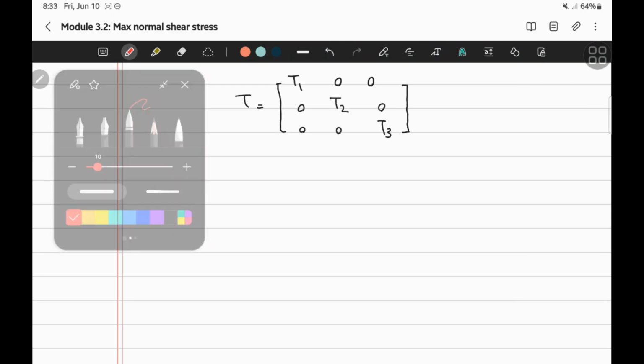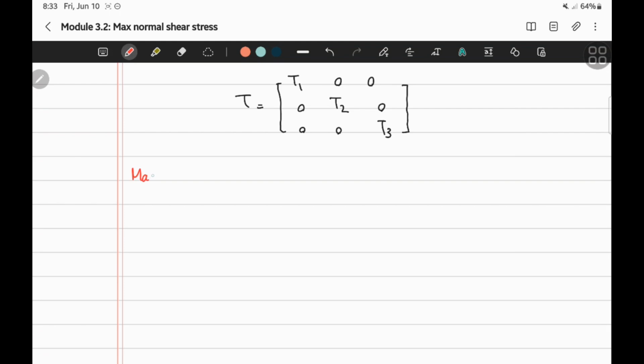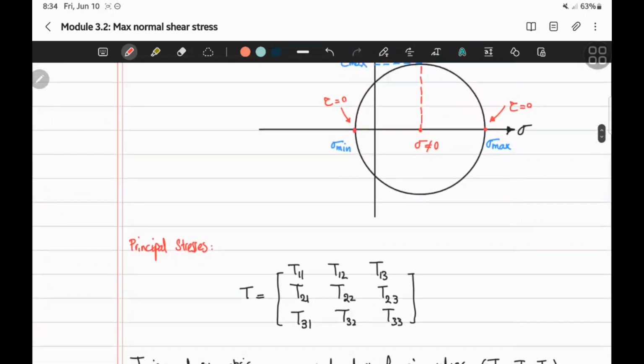However, for the maximum shear stress, this is not that straightforward. So why are shear stresses important?